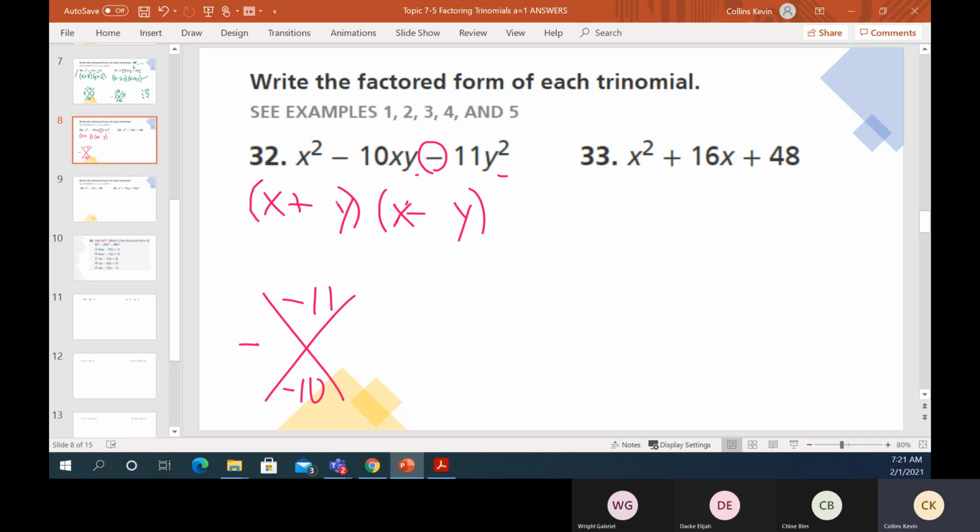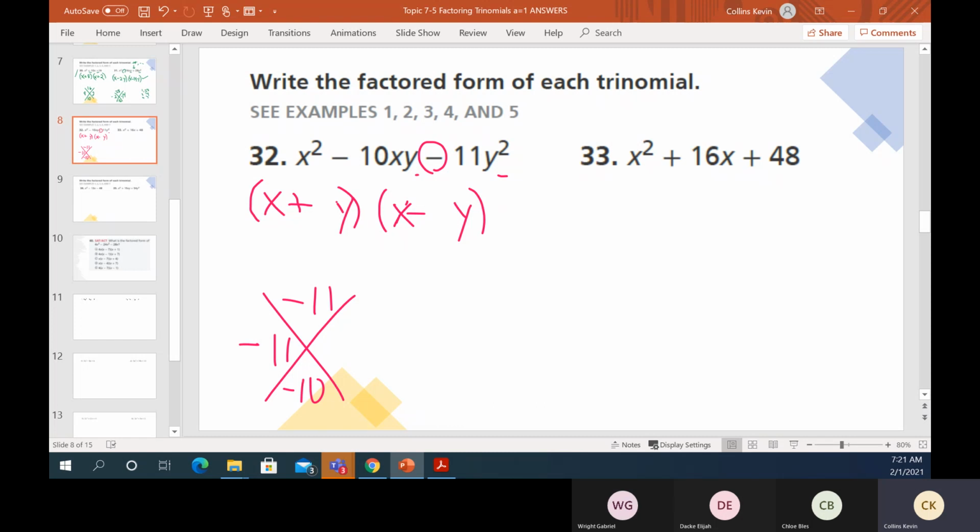There's really only one factor that works, right? It's just 1 times 11. So which one's going to be negative and which one's going to be positive? Well, 11 is going to be the negative. Right, good.